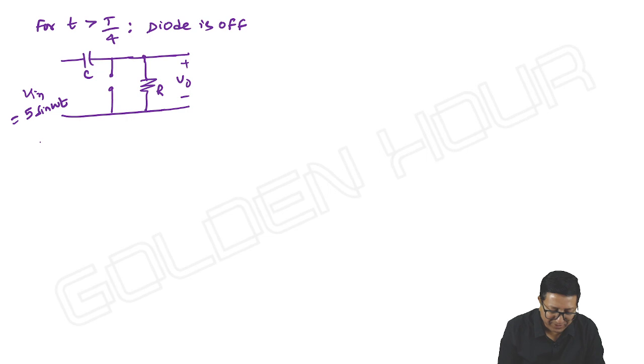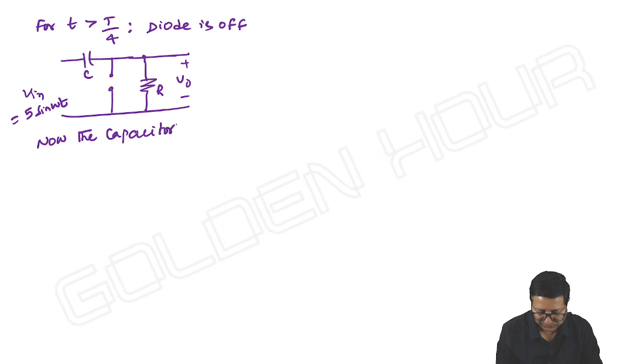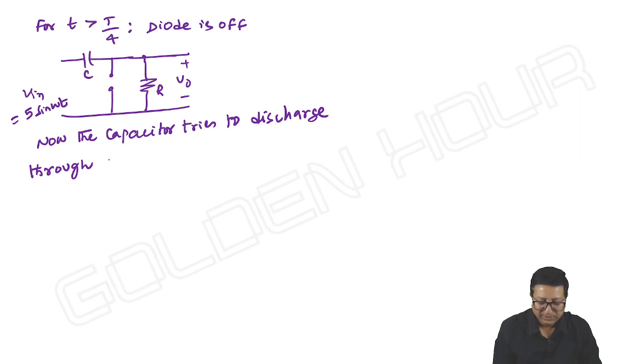Okay, now the capacitor tries to discharge through R. Capacitor is trying to discharge through the resistor.